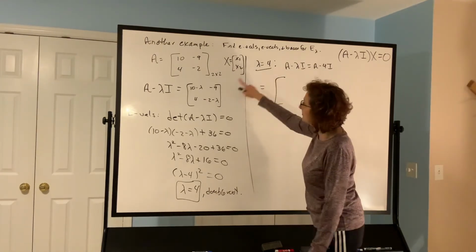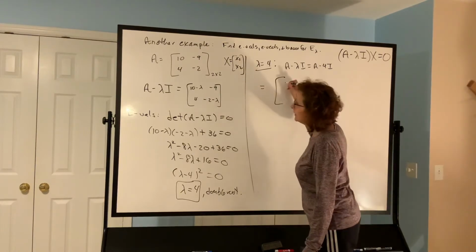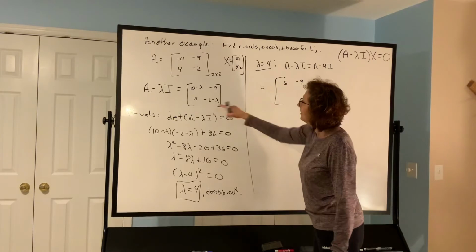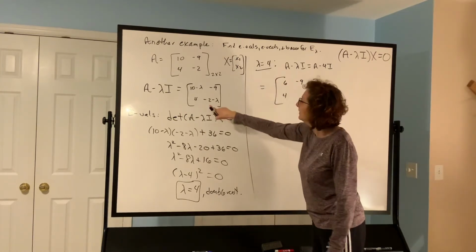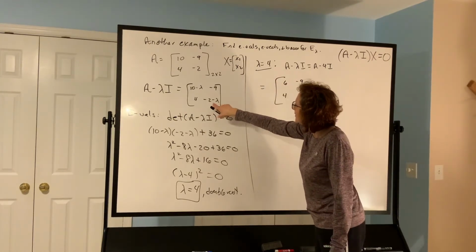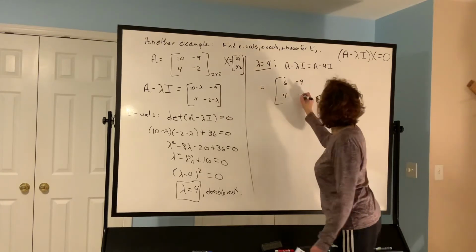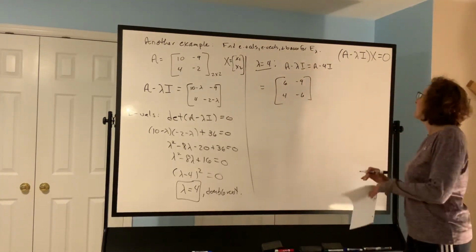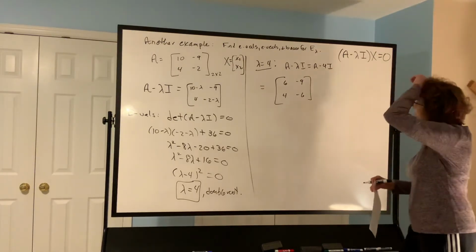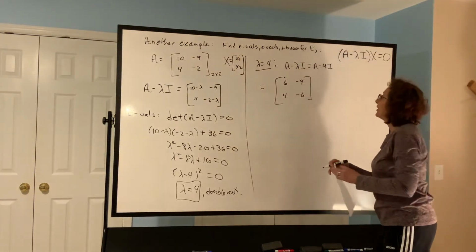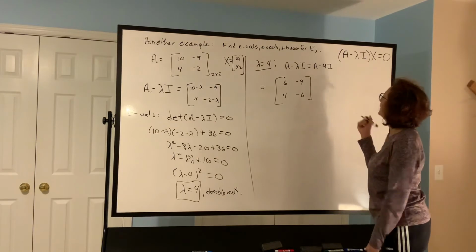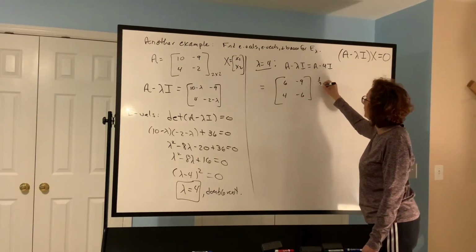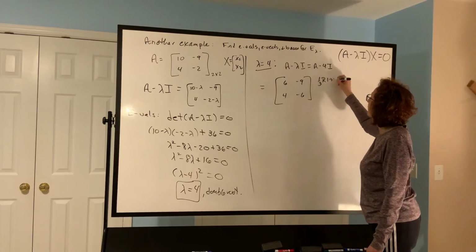So when lambda is 4, 10 minus 4 is 6. Then I've got negative 9, then a 4, then minus 2 minus 4, so a minus 6. Okay, let's simplify our numbers for a minute. These rows are multiples of 3, so I can do 1/3 R1 as my new R1.